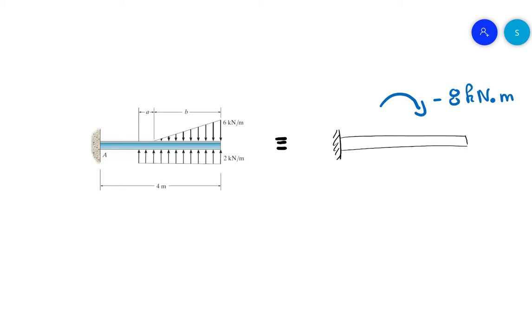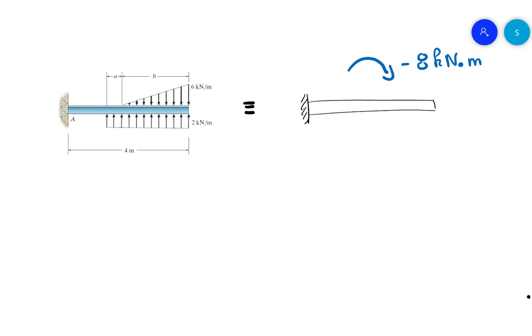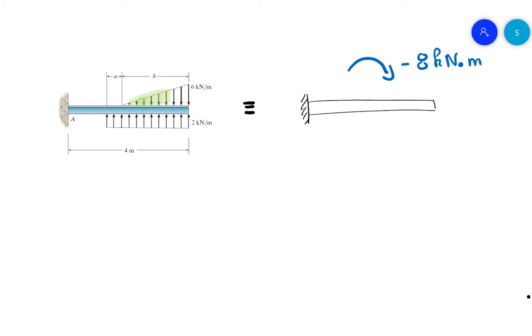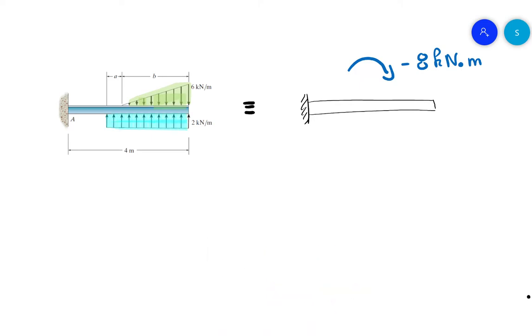Here we go. So what we know from the beam, we can find the expression of the force FR1. So we'll use the top triangle for the 1 and the lower rectangle for the 2. Everything in green is for the upper triangle and everything in blue is for the lower rectangle.